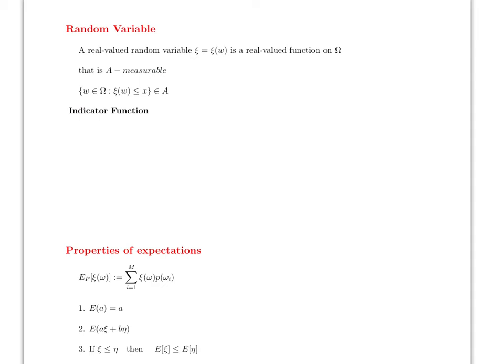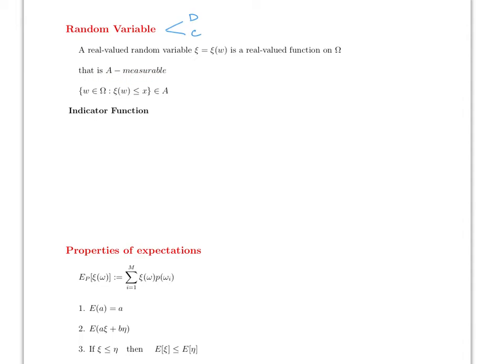The next topic we need to consider or review is the concept of a random variable. Remember that a random variable can be either discrete or it can be continuous. There are several definitions of random variables, so we're gonna go with the following for this class. So a real valued random variable, which will be denoted by X, which depends on omega, is a real valued function on the sample space that is A-measurable.